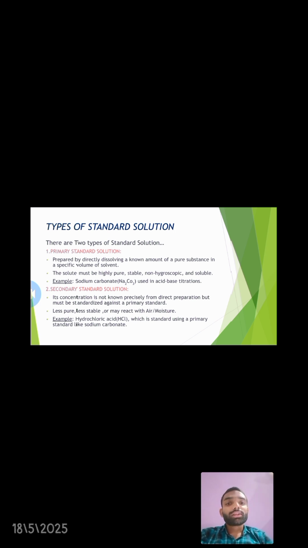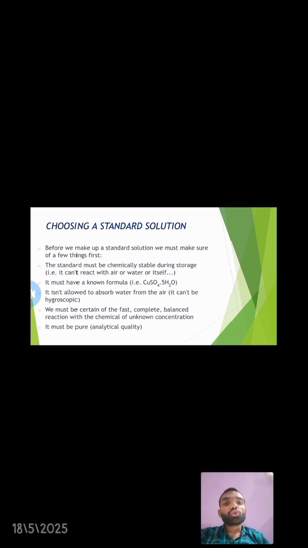Then we discuss choosing a standard solution. Before we make up a standard solution, we must make sure of a few things first. The standard solution must be chemically stable during storage, that is, it cannot react with air or moisture or itself.